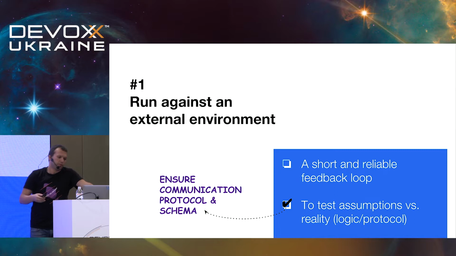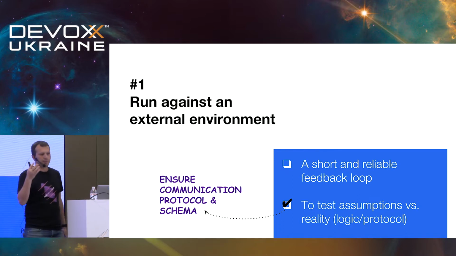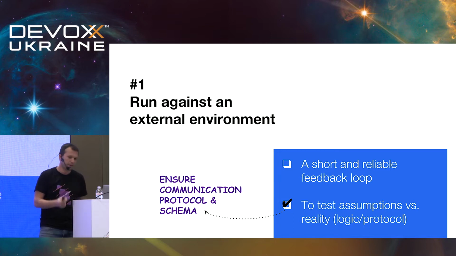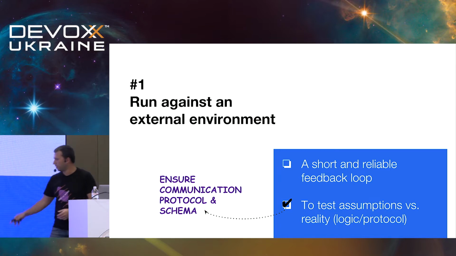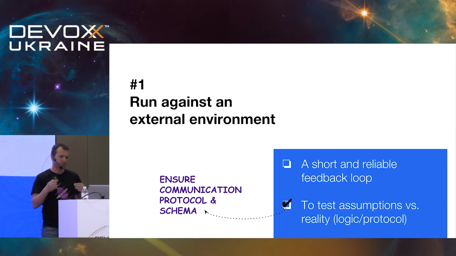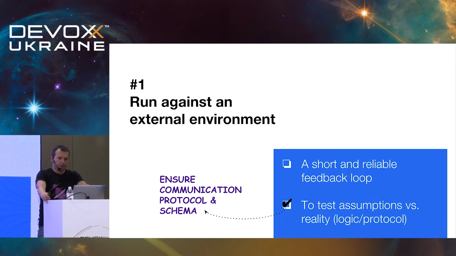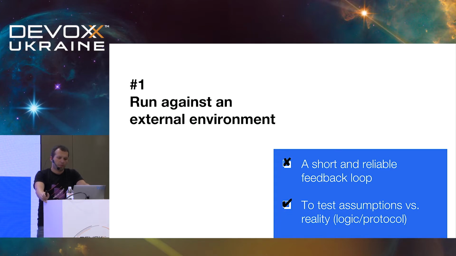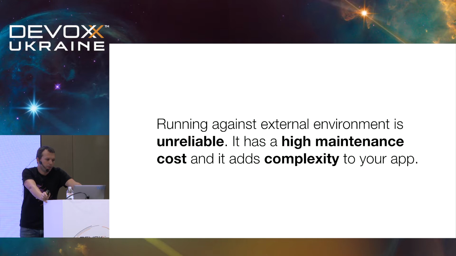We also ensure the communication protocol and the schema, and we know that it's working. There's also one thing that we can test here, which is the non-happy path. So we can test that this service is down or partially down or doing some weird stuff. While it's good for verifying our assumptions, this approach fails on a short and reliable feedback loop. Running against an external environment is unreliable, it has high maintenance cost, and adds complexity to your app. And I will explain why.